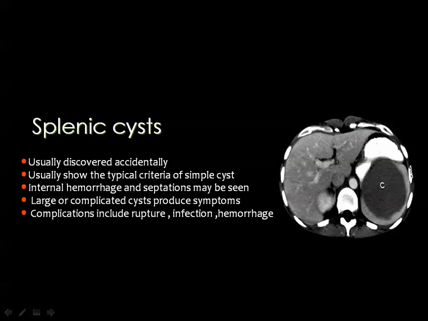And you remember the typical criteria of a simple cyst anywhere in the body are seven: three positive and four negative items. The positive items are paper-thin wall, sharp, well-defined margin, and clear water or fluid content.